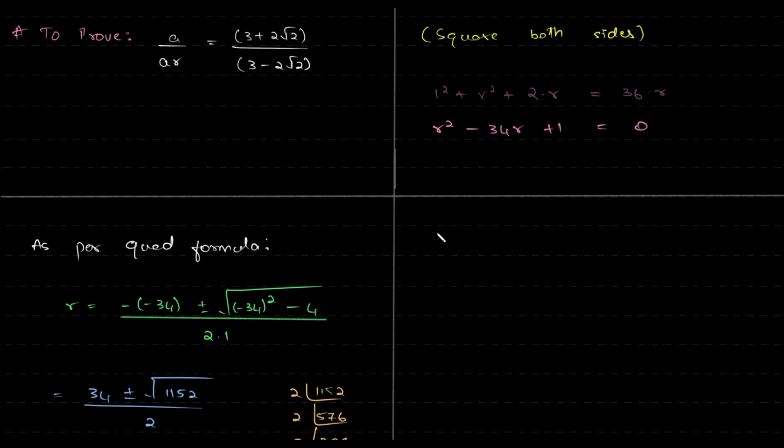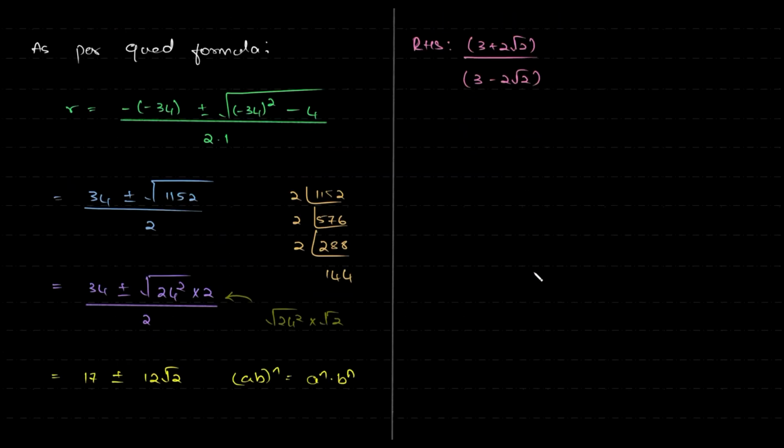So for that, I'm going to take the RHS. So we have 3 plus 2 root 2 divided by 3 minus 2 root 2, right? So I'm going to multiply and divide with the conjugate, so just rationalize this.